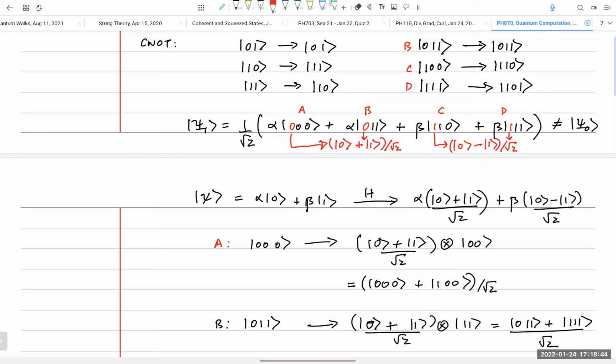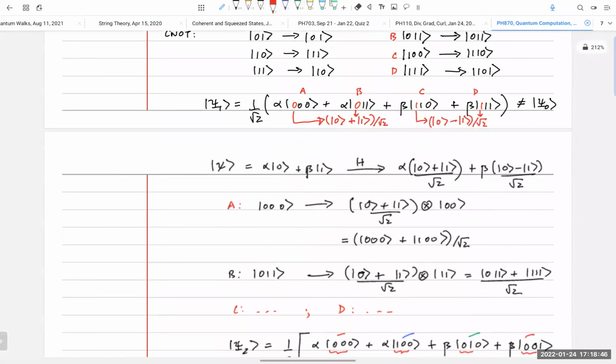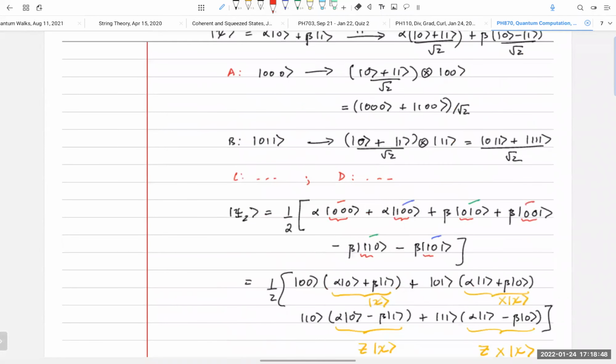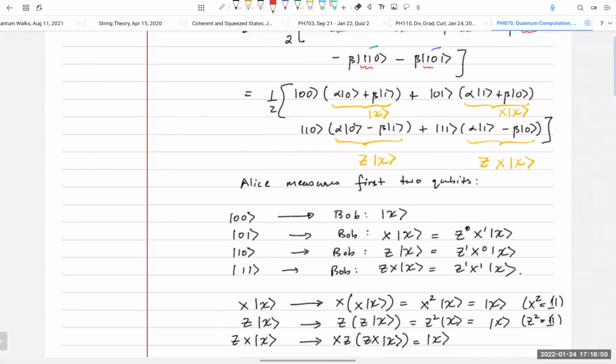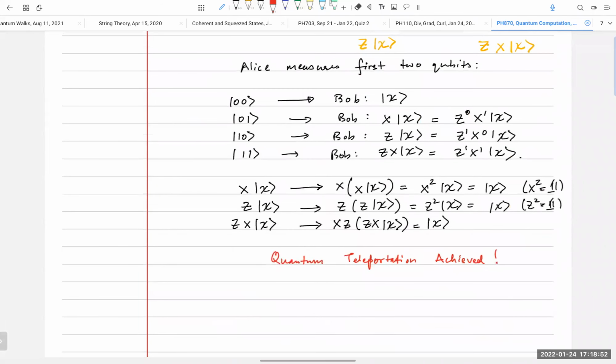But the bottom line is that what quantum teleportation achieves is a protocol for transferring an unknown quantum state from one observer to another observer using classical communication as the medium through which information is conveyed.